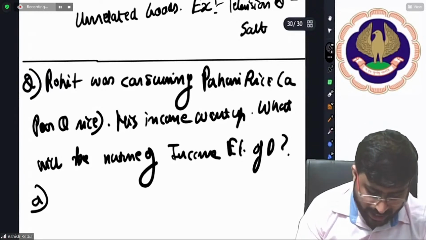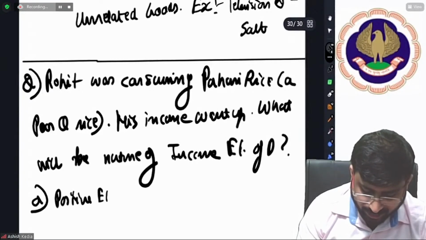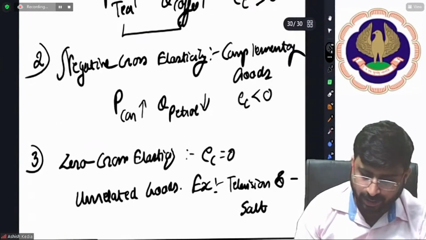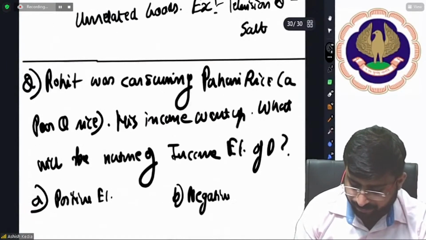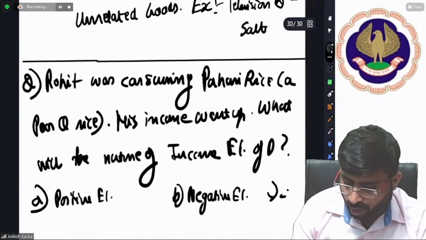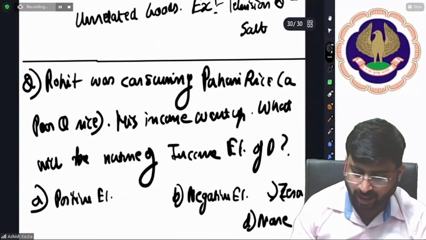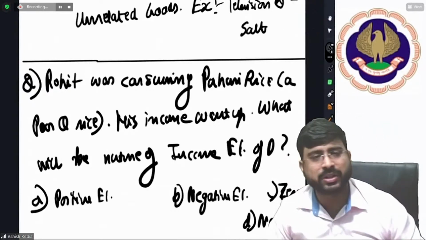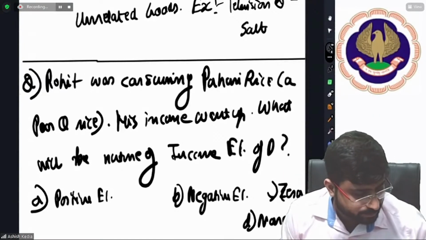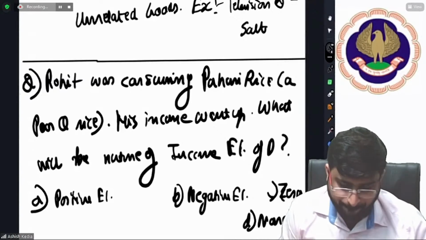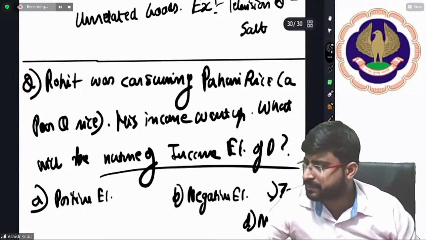Options are as follows. A, positive income elasticity. B, negative income elasticity. C, zero income elasticity. D, none of the above. What do you think is the case of Rohit? What do you think, friends? Come on, everybody, answer me. What will be the nature of income elasticity?